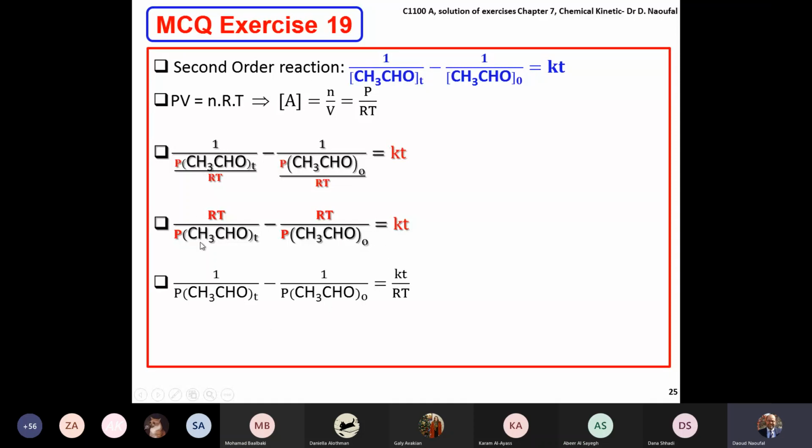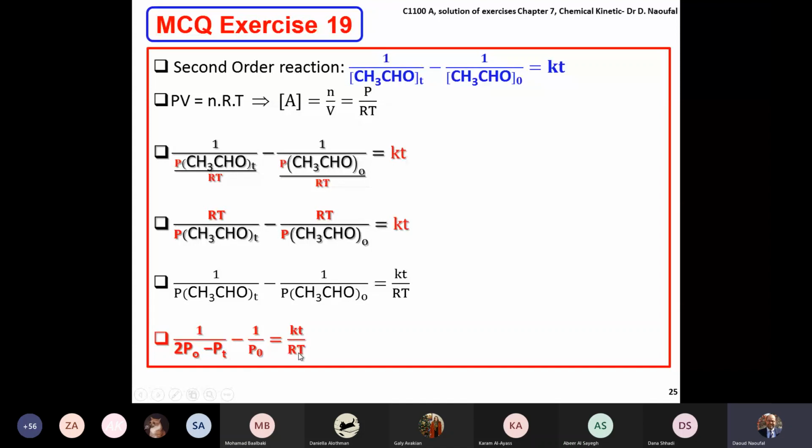So 1 over pressure at time T minus 1 over pressure at T equals 0 equals KT divided by RT. Previously, we calculated P of CH3CHO at time T, which is equal to 2P0 minus Pt, and the initial pressure of CH3CHO at T equals 0 is P0.